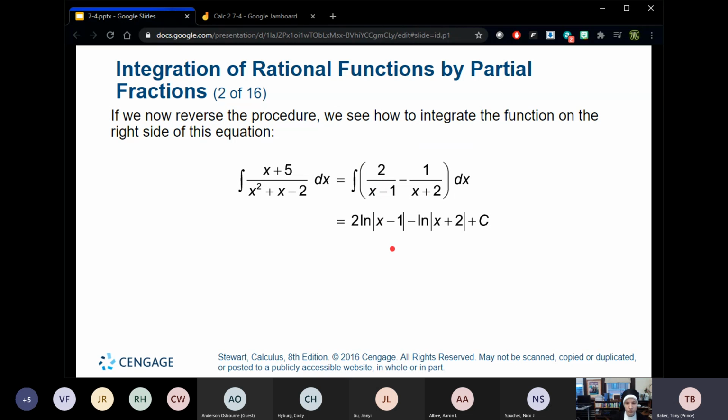And when you have 1 over u, it's the ln. So when you get a simple fraction with a constant on top and a linear polynomial on the bottom, you get a simple integration, where this first integral would be quite complicated to do without being able to do it this way.